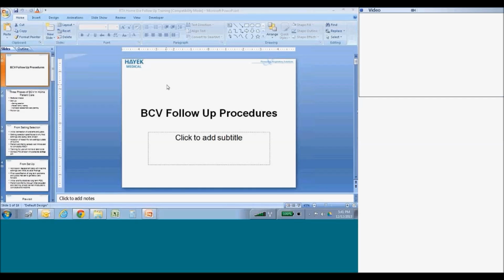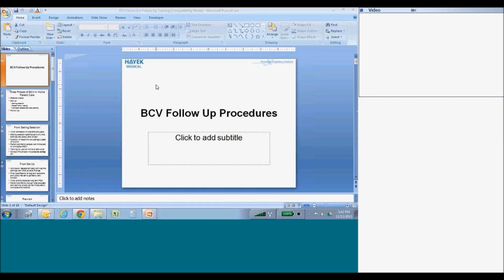And then there's one more element to your training, which is your hands-on clinical competency, which is done with you at the time when you do your very first patient setup or follow-up. And that'll be completed with either your regional clinical specialist or our clinical educator, or myself. I'm Gary Mefford, your Vice President of Clinical Operations. So one of us will be doing that hands-on.